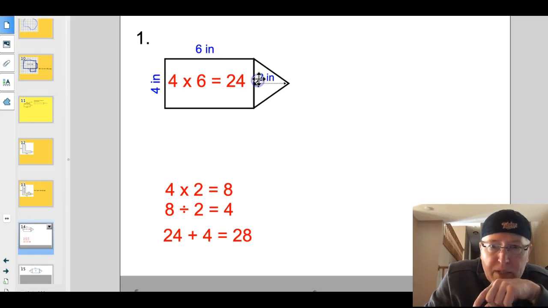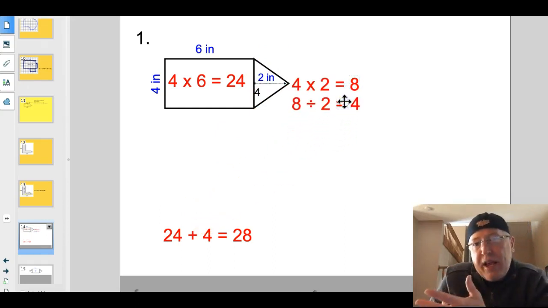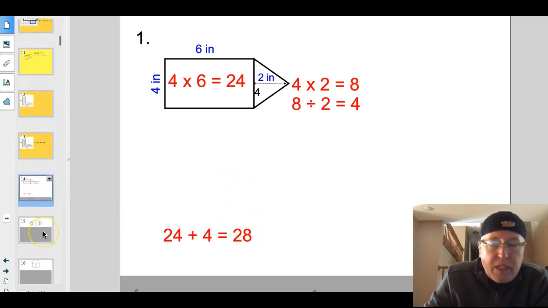So we have base times height, which is 4 times 2, which is 8. But then I have to divide that by 2 because it's only half of it because it's a triangle, which is 4. So if I add the 24 plus the 4 for the triangle, my area is 28 inches squared. All right, that's the way we roll.